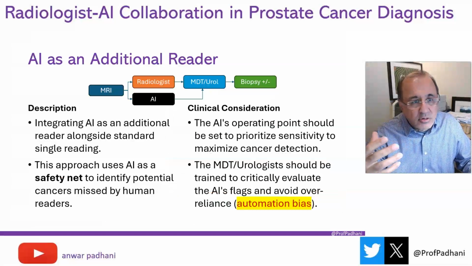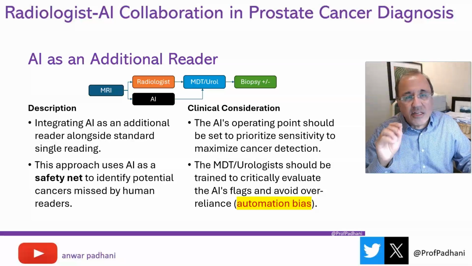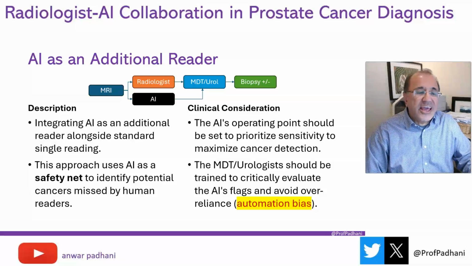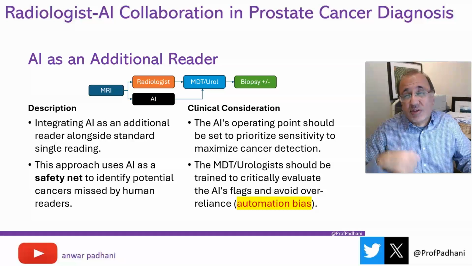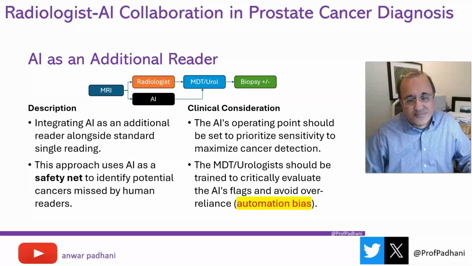So another model might be to use AI as a second reader. The AI is not whispering this time into the radiological ear, but is feeding directly into the MDT. So the MDT is getting two opinions, one from the radiologist and one from the AI. In other words, we're using the AI in this particular instance to overcome some of the limitations of the radiologist. It's acting like a safety net.